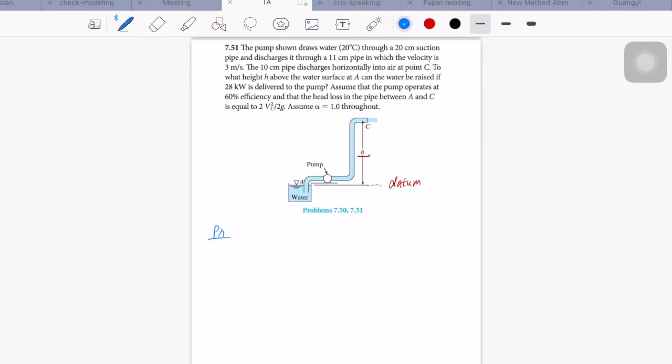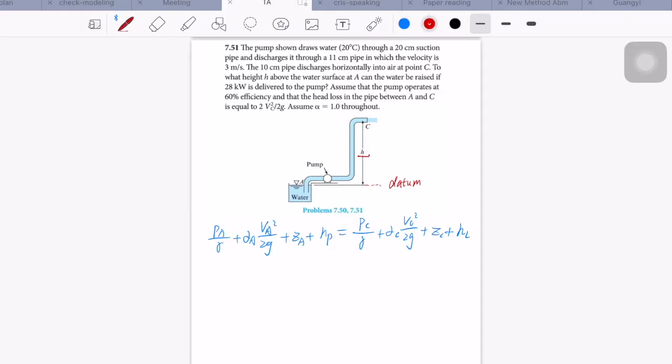PA over gamma plus alpha A times VA squared over 2g plus ZA plus the pump head HP equals PC over gamma plus alpha C times VC squared over 2g plus ZC plus the head loss HL.